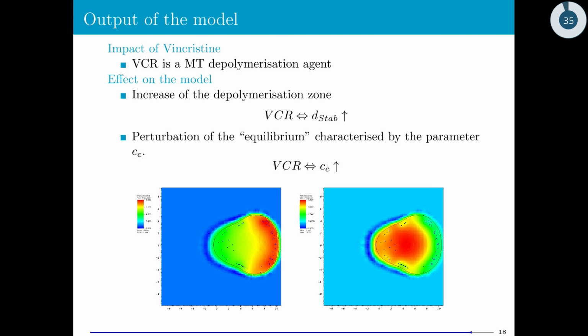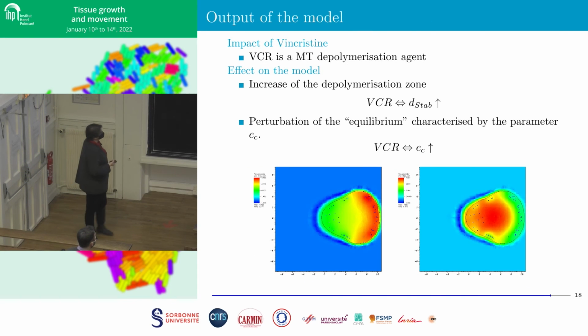And we can also model the effect of these drugs. So what we've done is to say that the drug will increase the stabilizing zone, so the parameter which is called distab was increased, and the drug will perturb the equilibrium, and in fact will increase the concentration Cc.